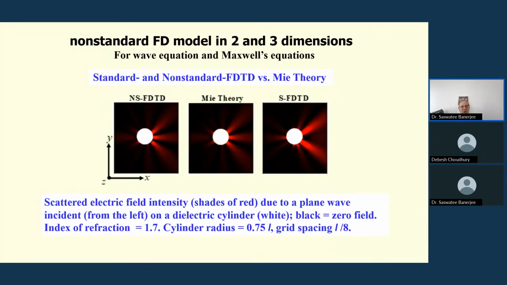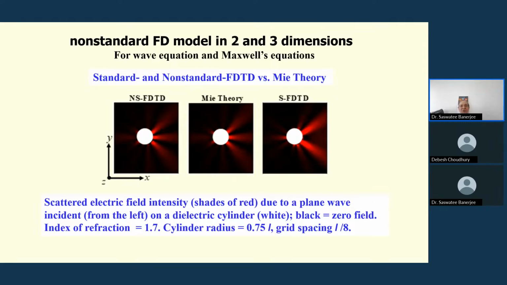We have exact analytical solutions only for a few simple things like a sphere and an infinite cylinder. So I'm showing you an infinite cylinder, and this is the scattered wave field from an infinite cylinder going into the picture. This is the theory, Mie, the name of the person who developed this theory in the early 20th century.